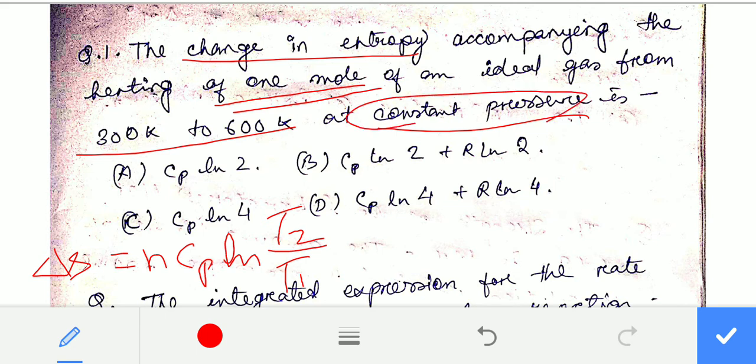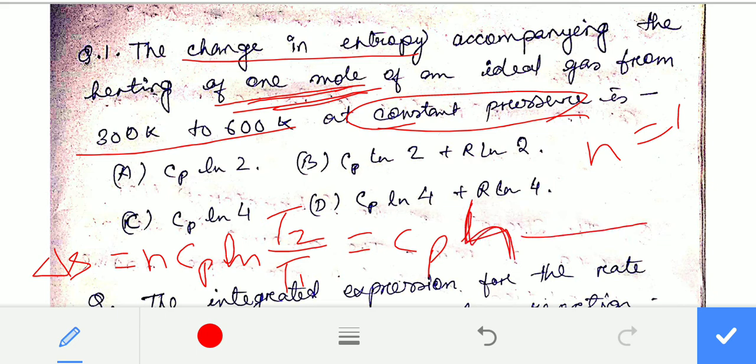So here 1 mole of gas is heated, so the n value will be 1, and that is Cp ln, and the final temperature mentioned here is 600, and T1 is 300 Kelvin.